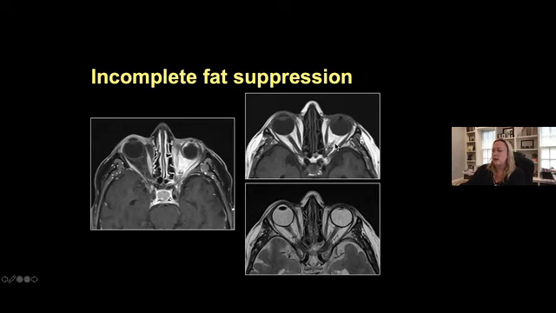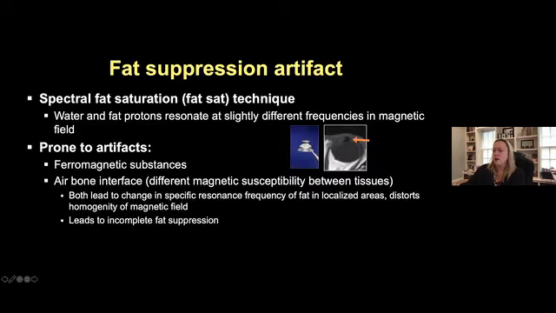But on the axial T1 weighted and T2 weighted non-fat suppressed images through the level of the lens, you can see a little focal susceptibility artifact in the anterior chamber. This is actually a keratoprosthesis, which I'll show in the next plane on the next slide. There's no abnormal soft tissue in the intraconal or extraconal fat on the T1 or non-fat suppressed T2 weighted images. So this is another example of incomplete fat suppression artifact.